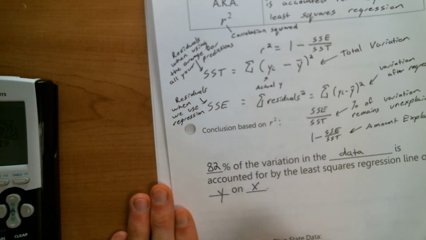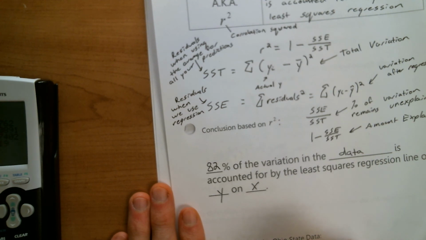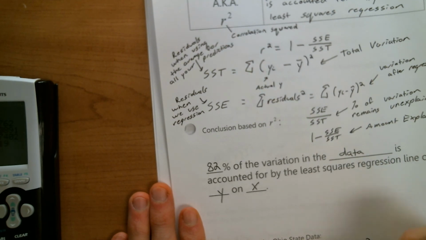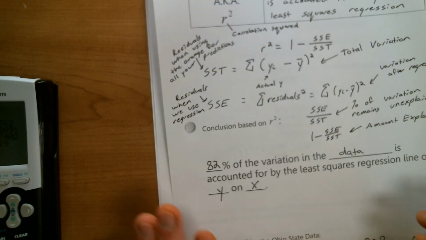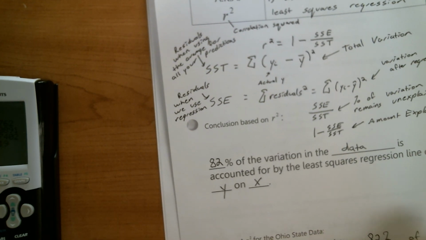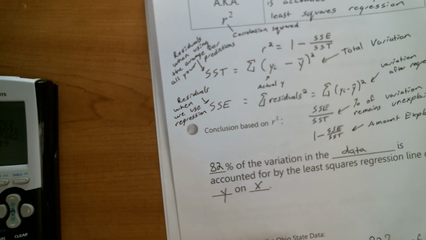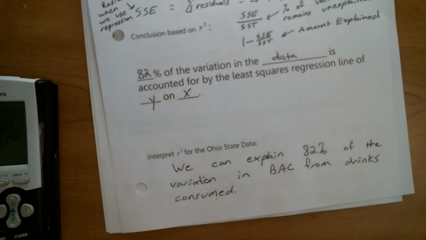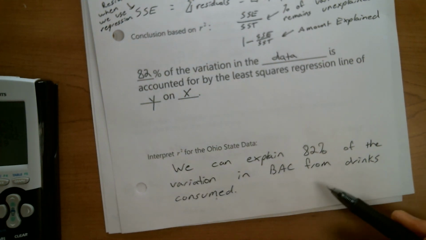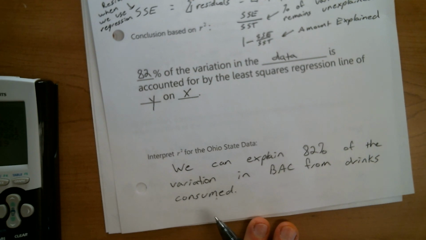Or in our exact setting here, we can say we can explain 82% of the variation in BAC from drinks consumed. So basically what we're saying is, BAC goes up and down. We can explain 82% of that up and down just by looking at drinks consumed.